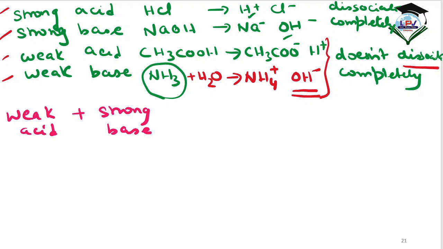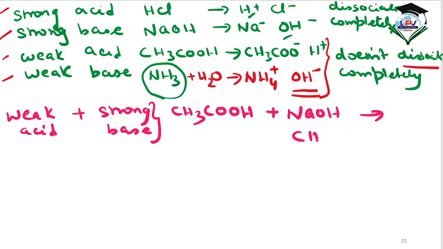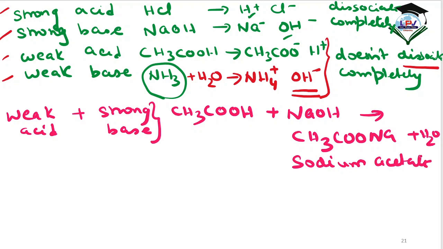So you can take CH3COOH plus NaOH. You will get CH3COONa, which is your sodium acetate. Sodium acetate is made up of a weak acid and a strong base.